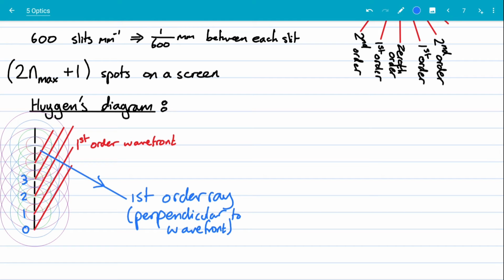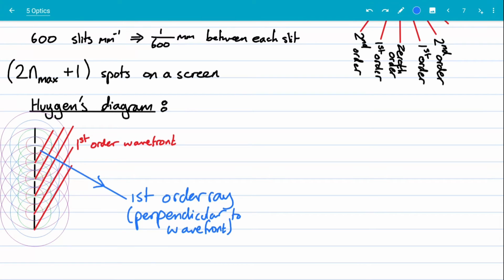That's 3 wavelengths away. The 4th one, we're connecting to the 4th wavelet. That's 4 wavelengths away. The 5th one, we're connecting to the 5th wavelet. That's 5 wavelengths away, and so on. Hopefully that makes you have a better understanding of why this diffraction happens at all, and why we get these orders, these very bright orders.